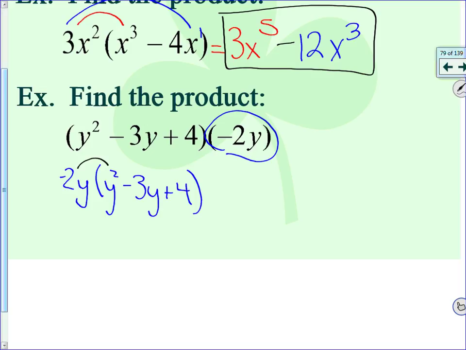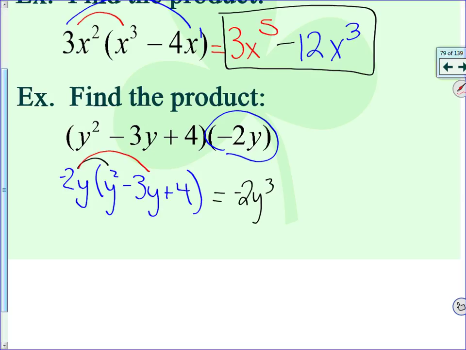So Charlize, what do I get when I multiply the negative 2x times y squared? Good. Oh, it's the third. Okay. DJ, negative 2y times negative 3y? 6y to the second. Okay.